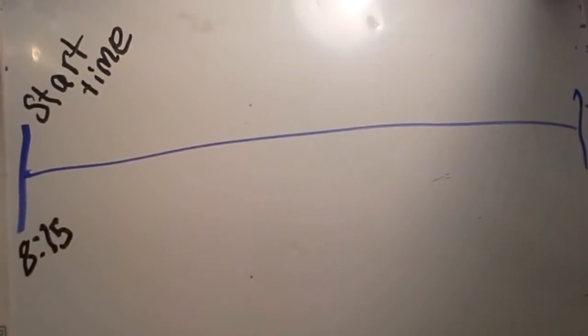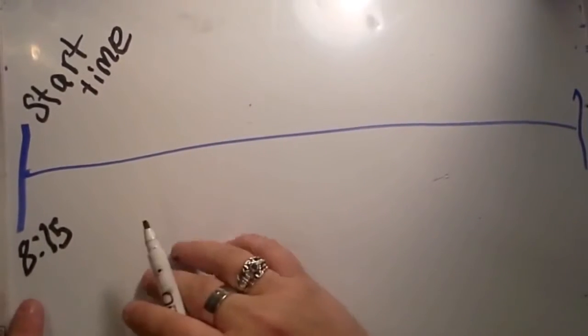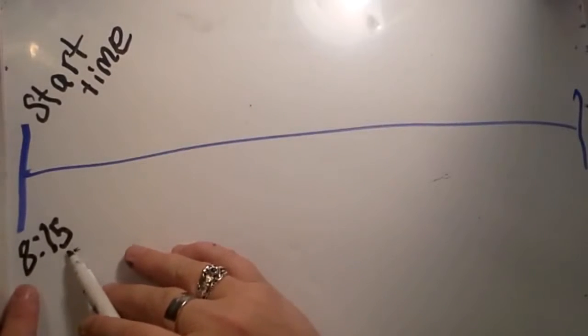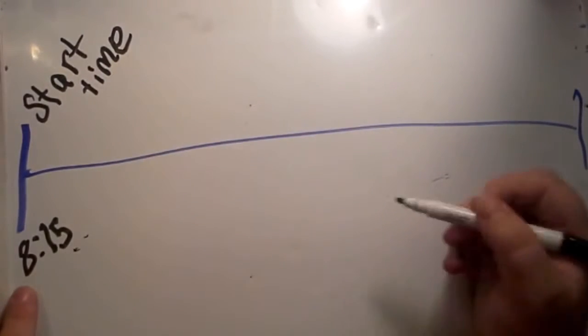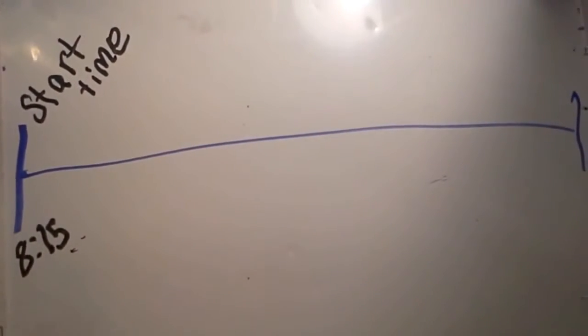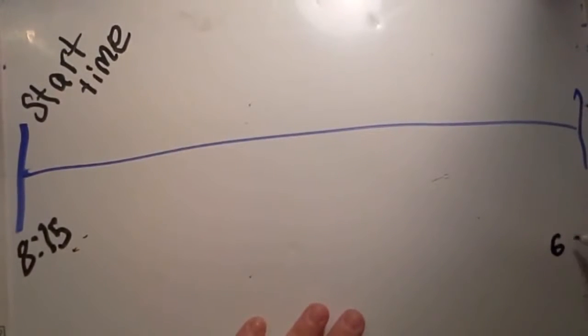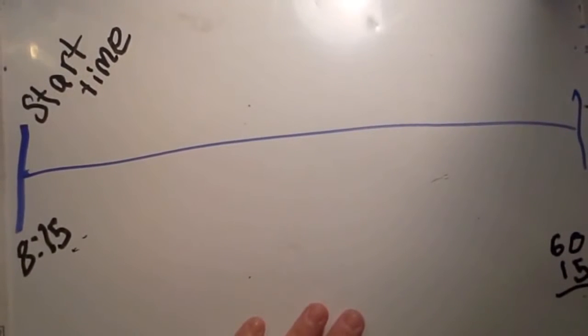And the next thing I need to do, remember we need to get to an even hour where there's no minutes. So I will subtract 15 from 60 again, just to show you how that works.